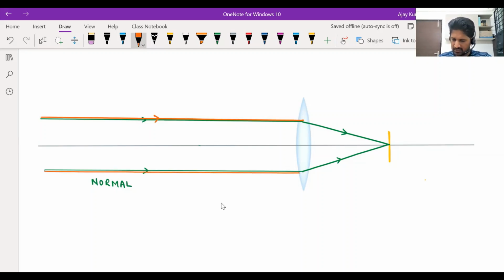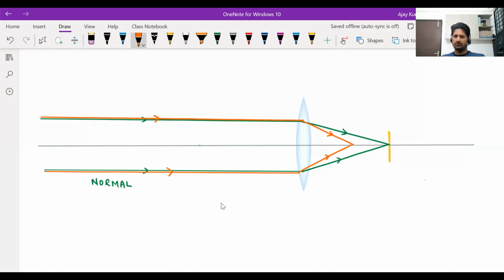Okay, suppose there's a faraway object. It converges the rays too much and forms an image in front of the retina, like this. That is why people having myopia cannot see faraway objects clearly. This is the reason.